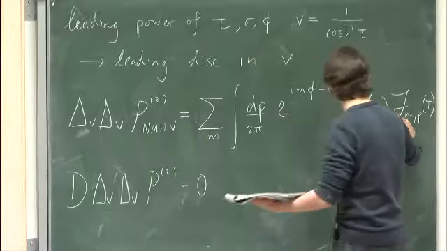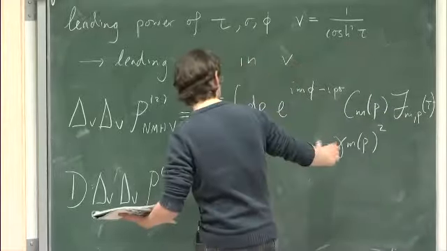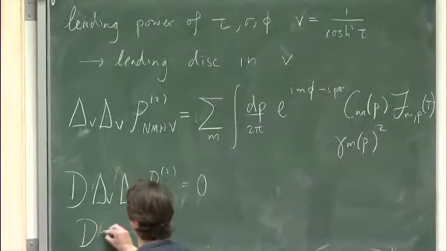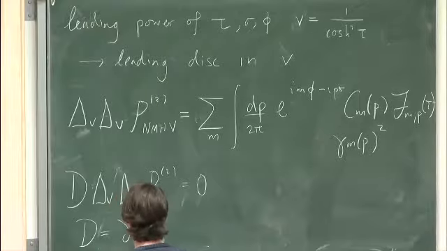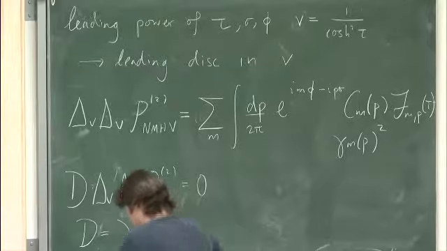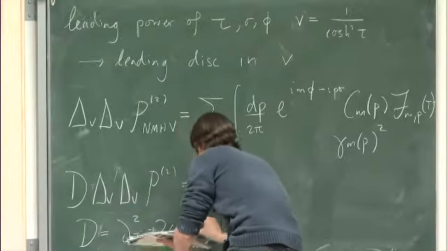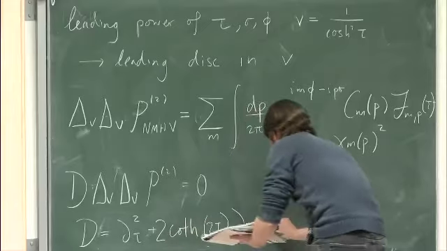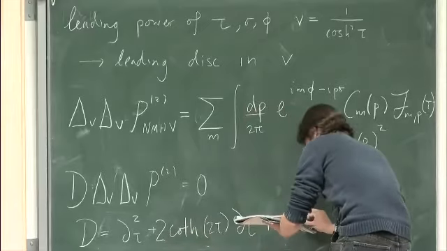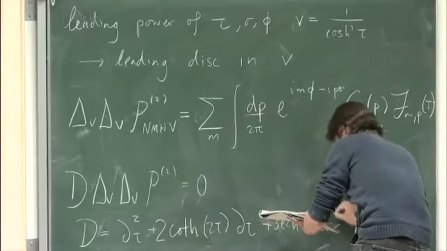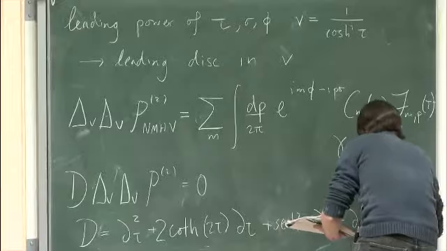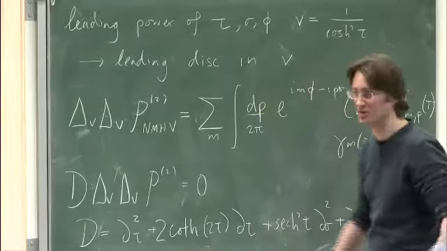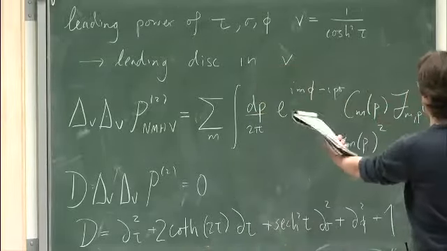Well, it cares about the details of this f, but it doesn't care about the details of these other bits. And this D is some second-order differential operator. I'll write it out explicitly so you can see it's really not complicated. So that's a second-order differential operator which annihilates this double discontinuity.